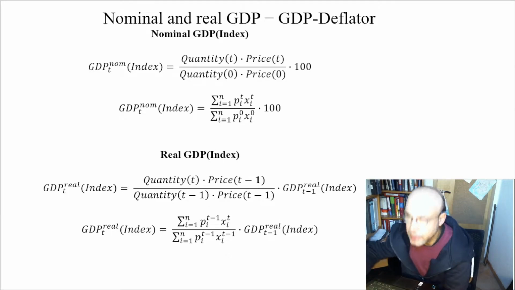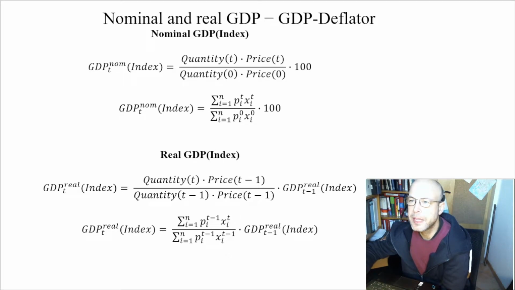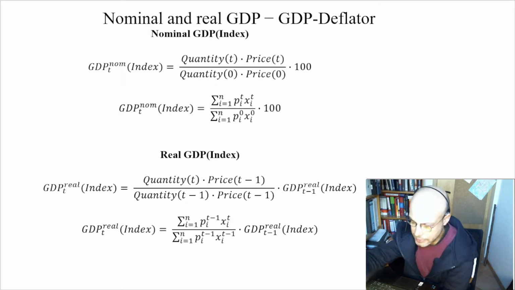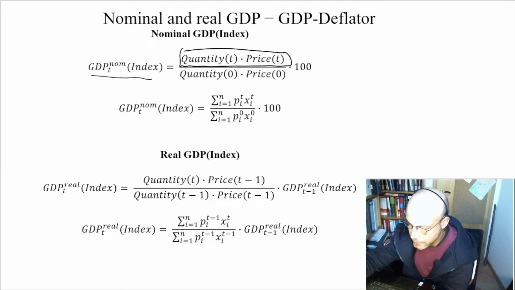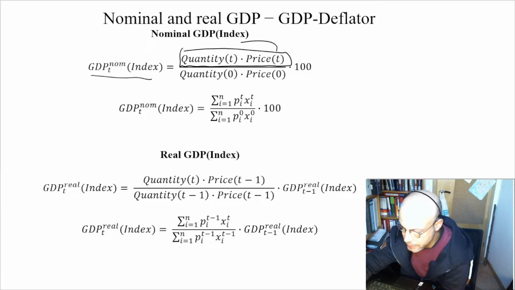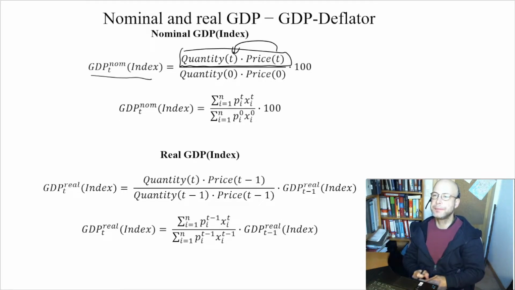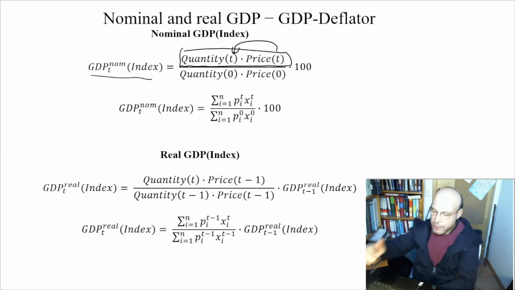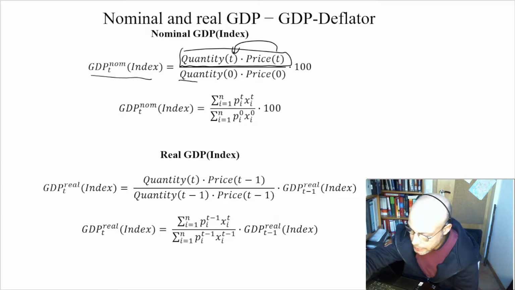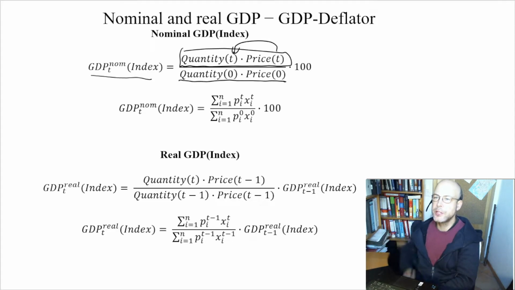So in general, here I wrote it in detail down, that the index of nominal GDP, here just multiplying prices of time t with quantities of time t. And since we want to have an index, we calculate this relative to the nominal GDP of time 0.